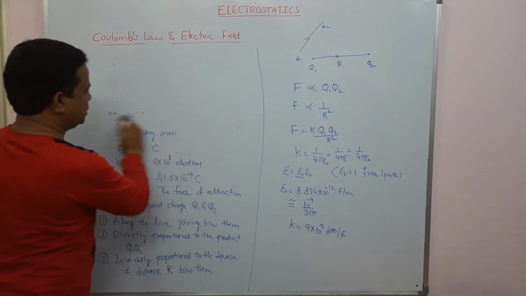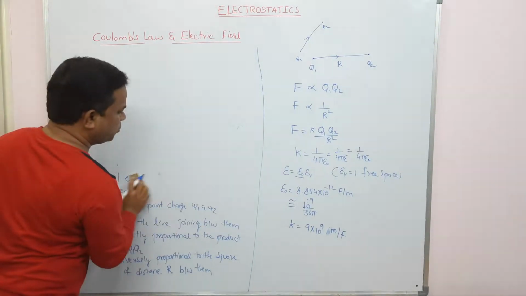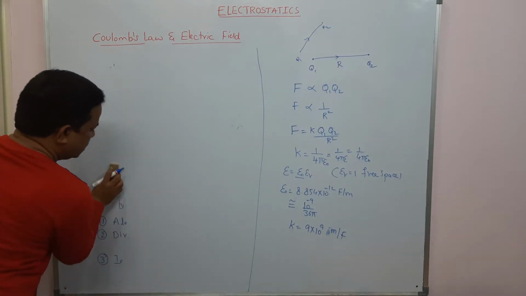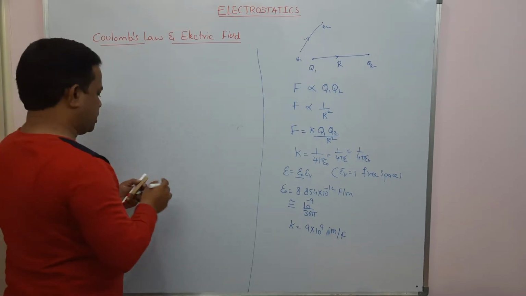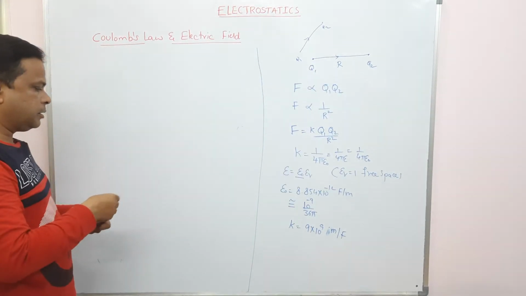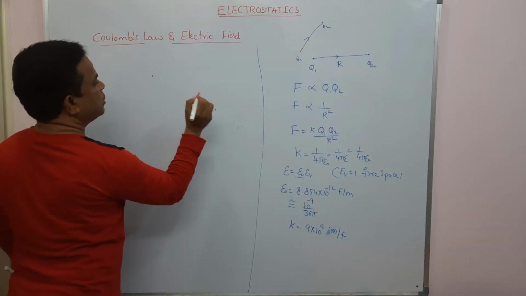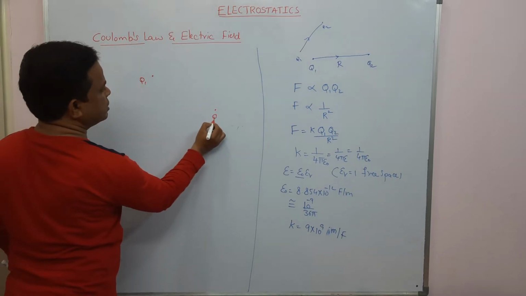This force you have got is a scalar one, and now we need to take the vector analysis. In order to understand that, we have to take the 2 point charges like this. Let me draw the diagram: let me take Q1 and this as Q2.